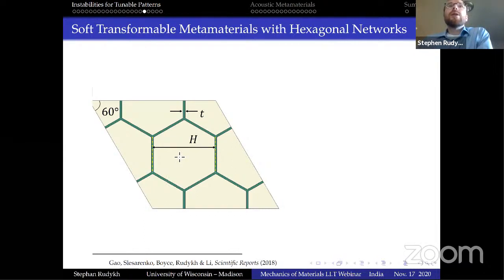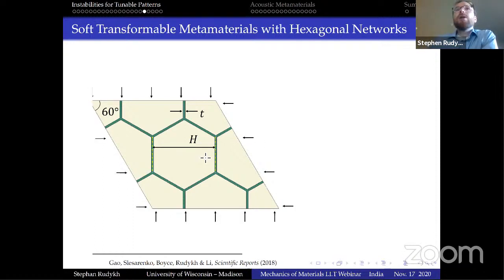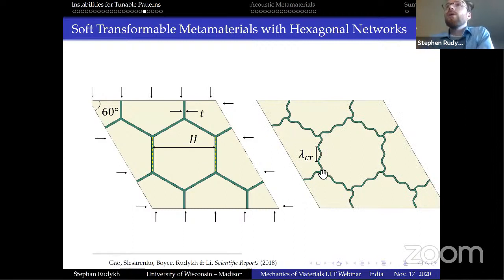So now we have two parameters: the ratio of the thicknesses of the matrix material and the stiffer layer, and the contrast in the stiffness. By tuning these parameters geometrically and the material that we use, we can tune the critical wavelengths that will develop here.